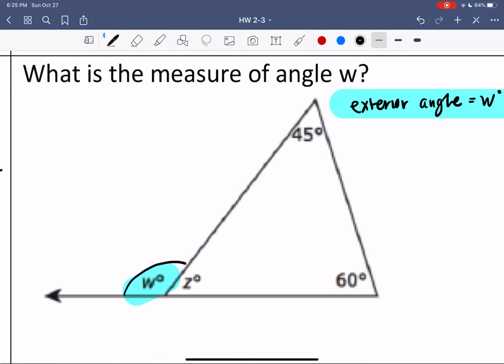So the exterior angle theorem is that the sum of your remote interior angles, so the remote interior angles are 45 degrees and 60 degrees. So we'll have to add those up to find what W is.